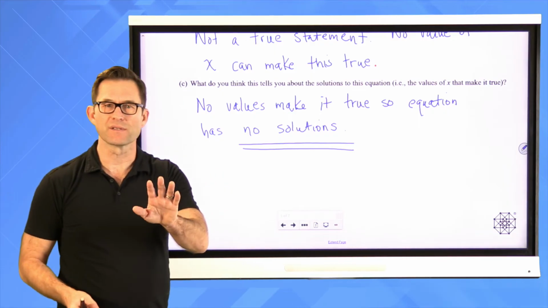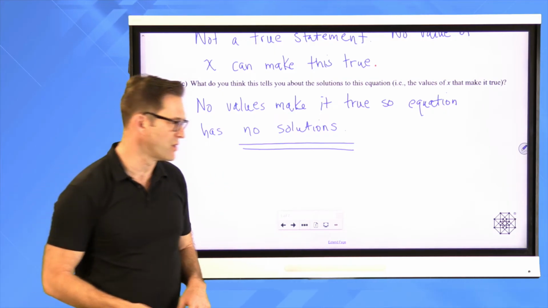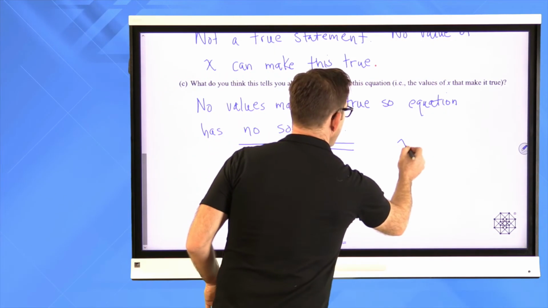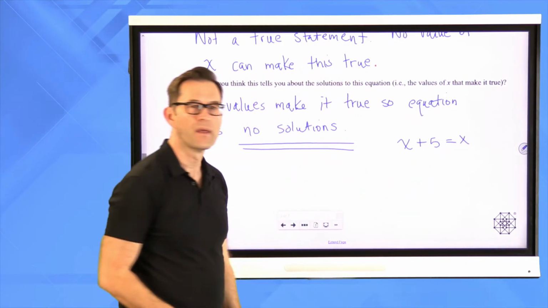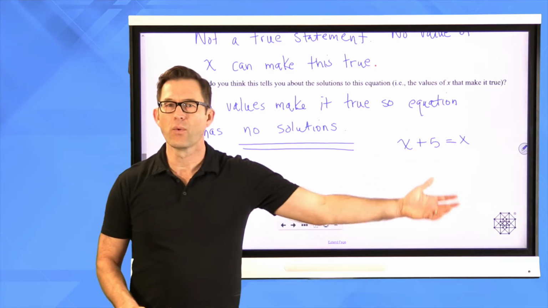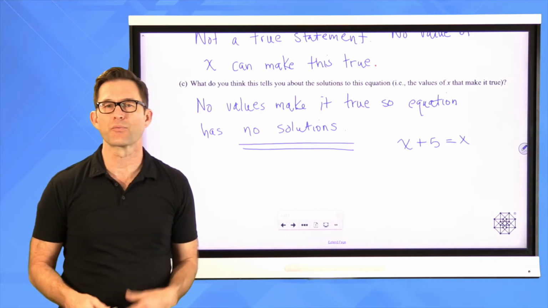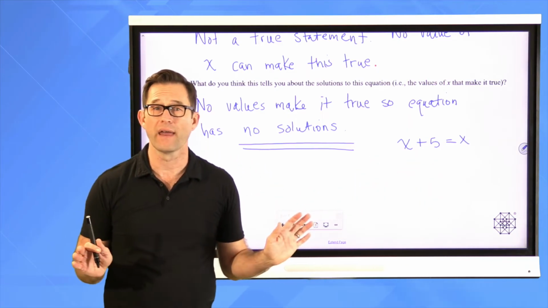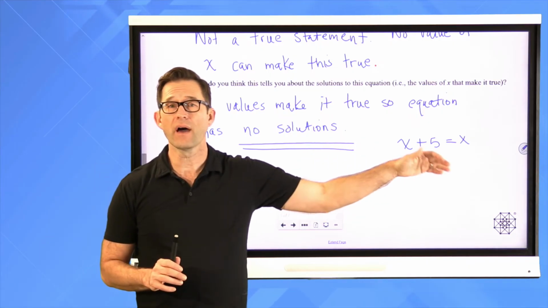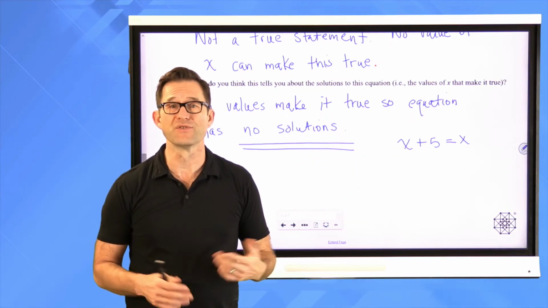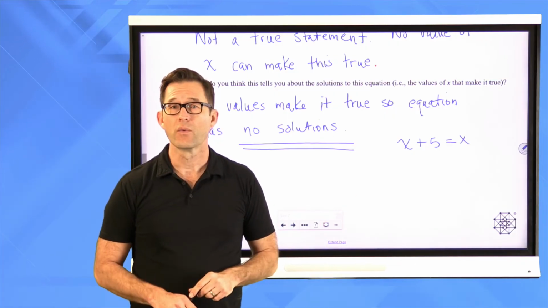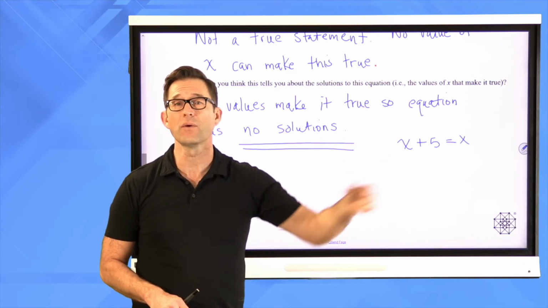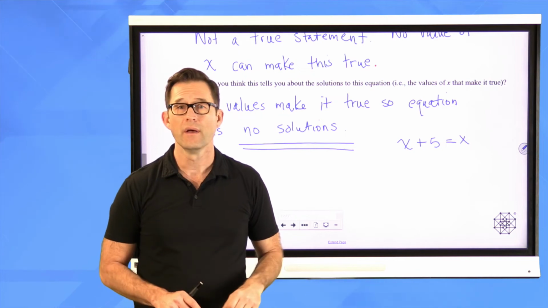For instance, let me write down a very, very simple equation. Let's say I had x plus 5 equals x. If you thought about that equation some, forget about subtracting or properties of equality, if I took any value of x and plugged it in here, like x equals 2, I'd get 7 equals 2. Doesn't work. If I put 10 in here, I'd get 15 equals 10. Doesn't work. Maybe a negative.